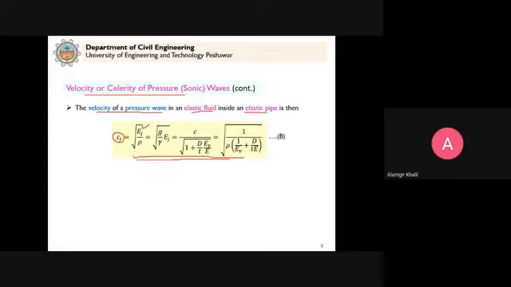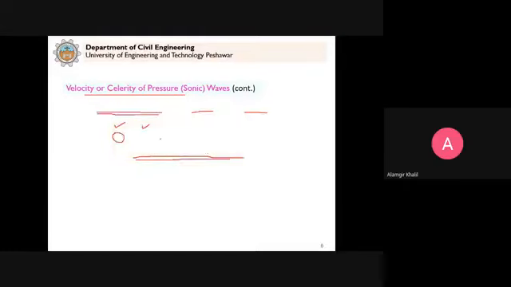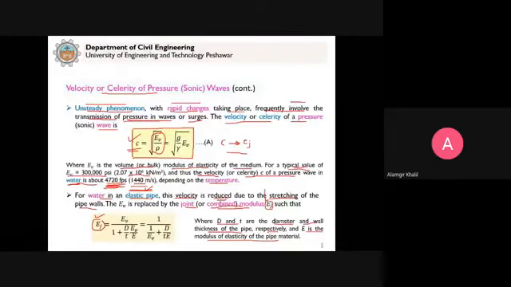If we treat the fluid and the pipe both as elastic, we use this formula to calculate the velocity of the pressure wave. If the pipe is rigid and only the fluid is elastic, we use this formula.